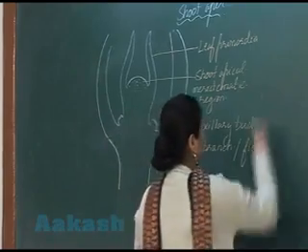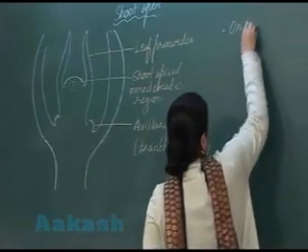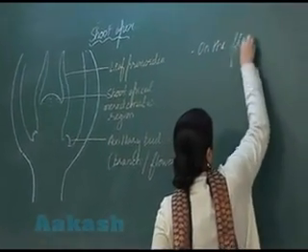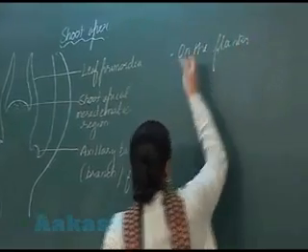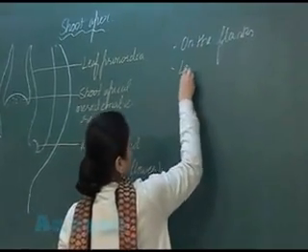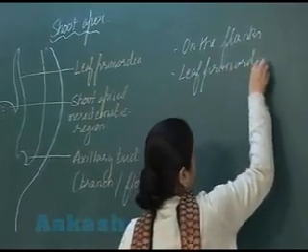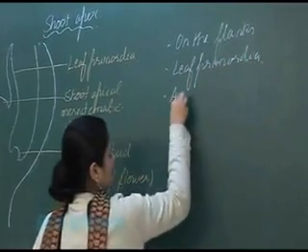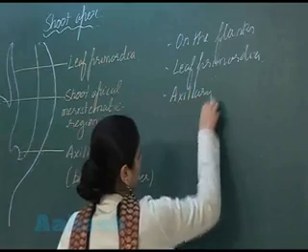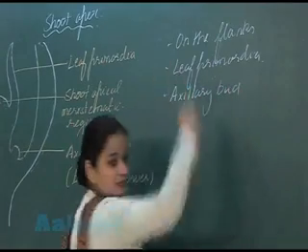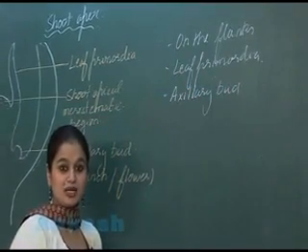Let's write it down. On the flanks, so you understand flanks means towards the sides, it will form leaf primordia and axillary bud.